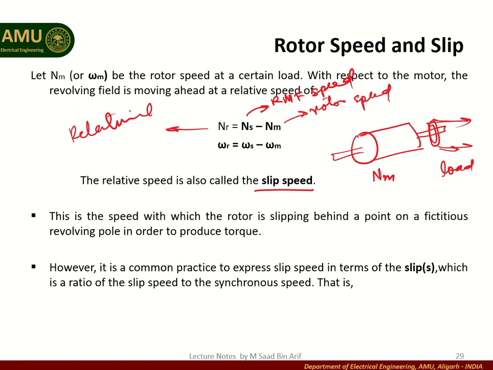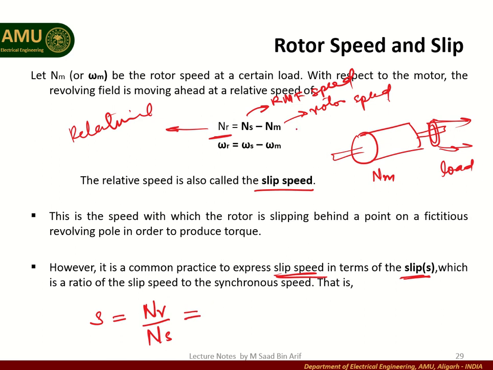However, in common practice, we usually use slip instead of slip speed, and slip is basically defined as the ratio of slip speed to synchronous speed. Slip speed is Nr, this is speed, upon Ns, synchronous speed.